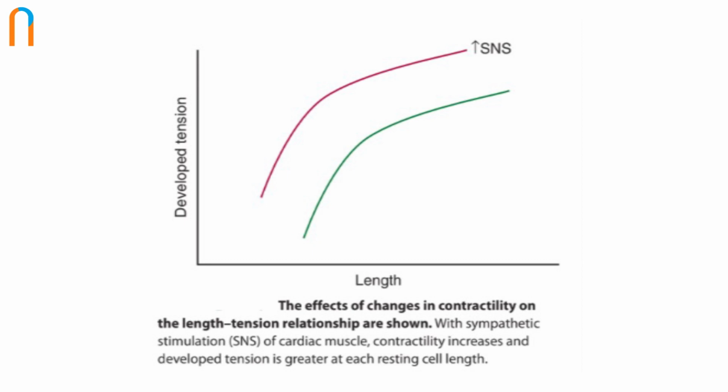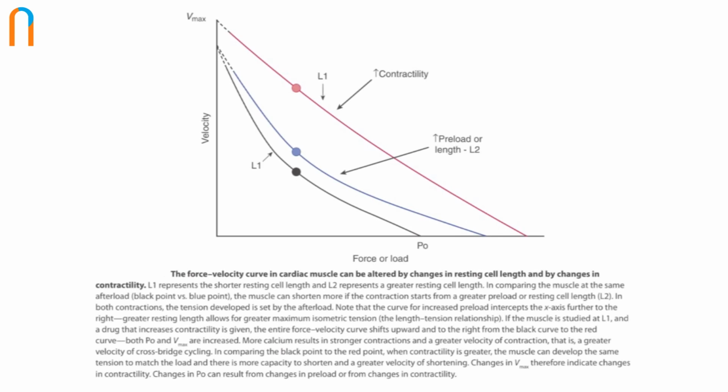This increased contractility should be compared to the curve generated at the same preload, the black curve. Generally, increases in contractility result in more rapid contractions, such that indexes of speed of tension development and maximum velocity of shortening are used to indicate increases in contractility.